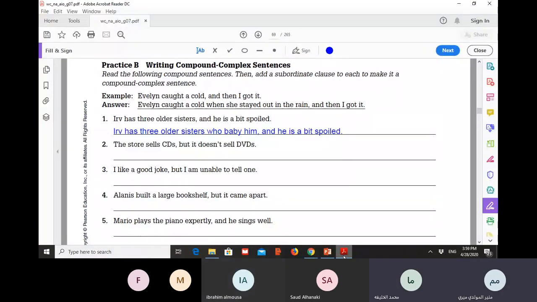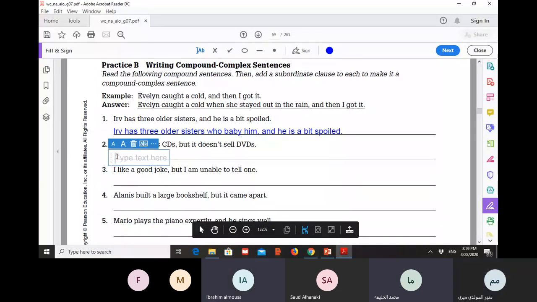Teacher, I have one. Yes, please. The store sells CDs, which I like, but it doesn't sell DVDs. Again, the store sells CDs, which I like, but doesn't sell DVDs, which I don't. Very good.